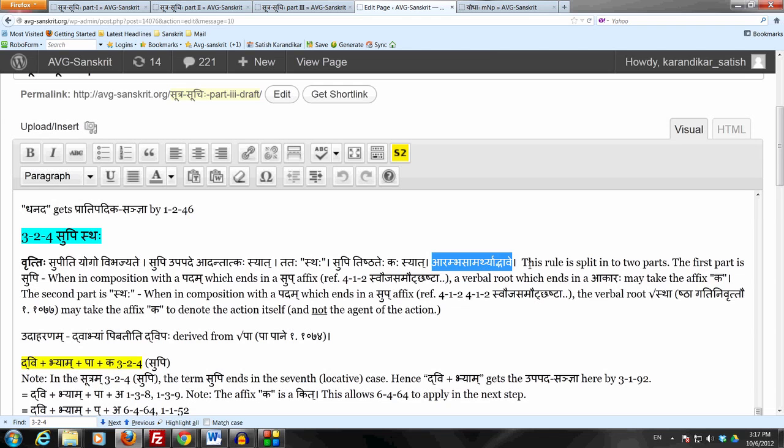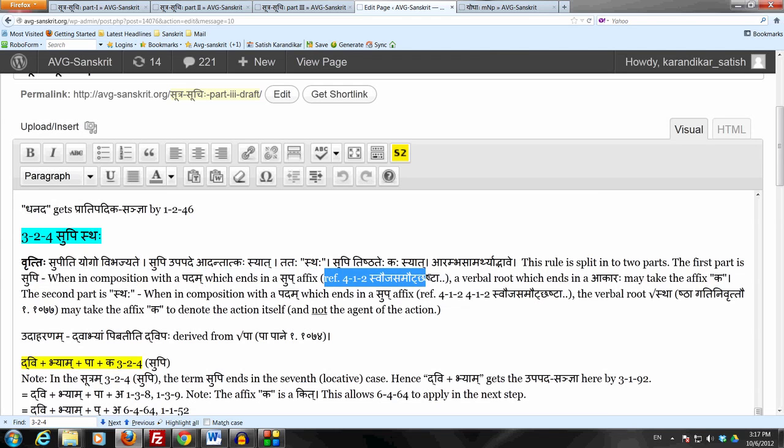The vritti that we put in English here is that this rule is split into two parts, as we just discussed. The first part is supi, and the meaning of that part is when in composition with a padam which ends in a supaffix.